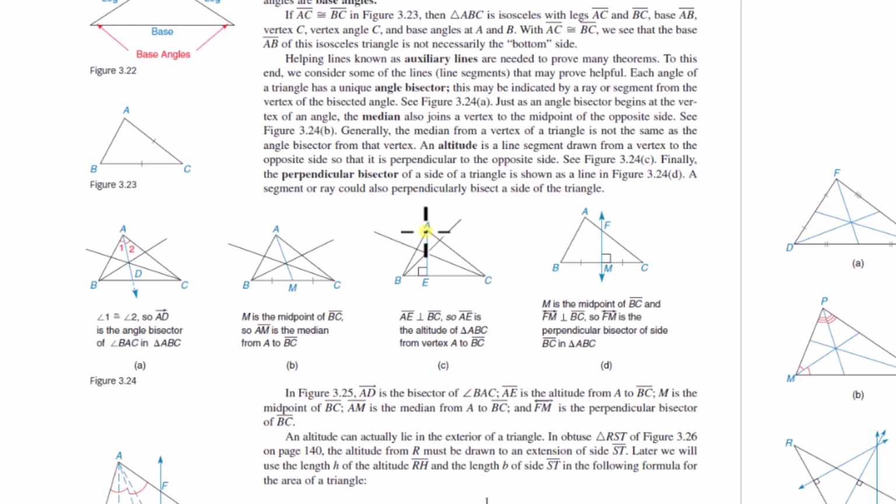Because look, here's this AE, which is perpendicular to this side, but it certainly doesn't bisect that side, right? So saying that all three of those constraints are present at the same time, meaning that it's perpendicular to it, bisects, and starts at a vertex, that's over-constrained.